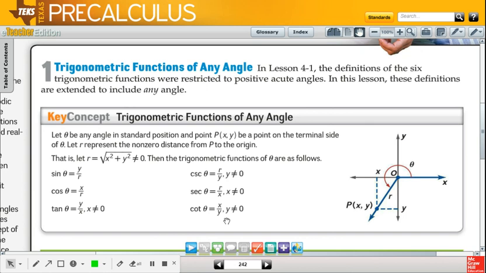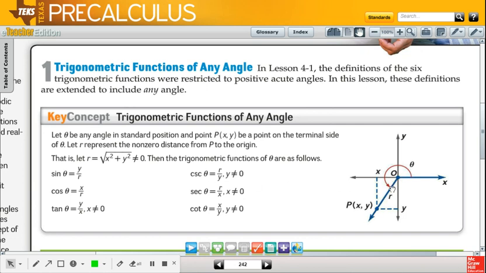If y is 0, then there's no value for cotangent. You cannot find one. That's why it's going to be called undefined. But you will always have a value for r, which is why you will have a value for sine, cosine. But same thing with tangent. If x is 0, it will be undefined. So that's basically the concept of trigonometric function of any angle.